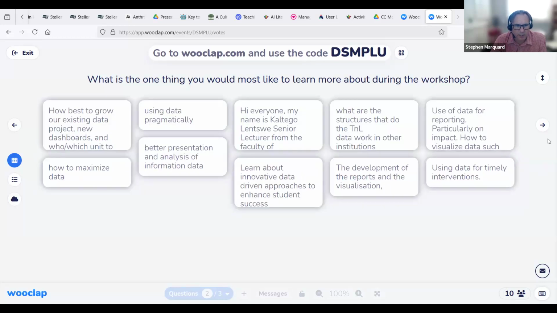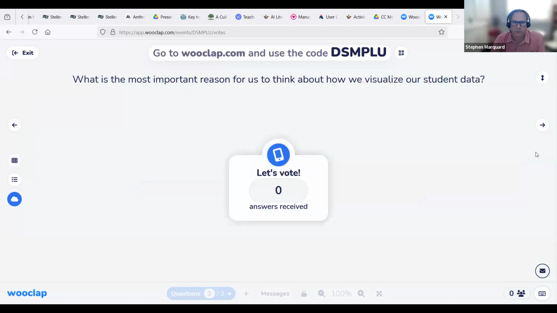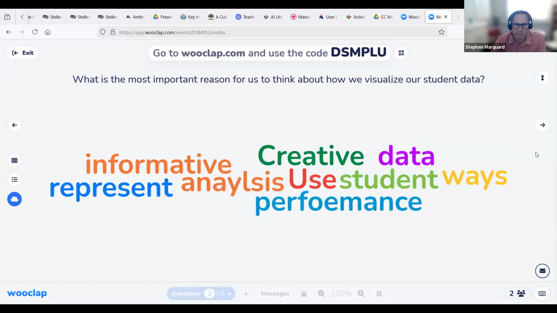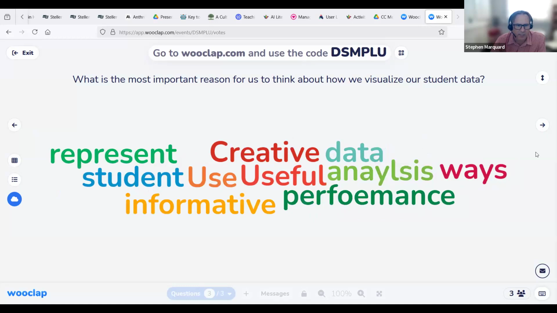And we are going to go on to the third question, which is a purpose question. What's the most important reason for us to think about how we visualize our student data? Let's get your ideas on this. Okay. Analysis, represent performance, be creative.